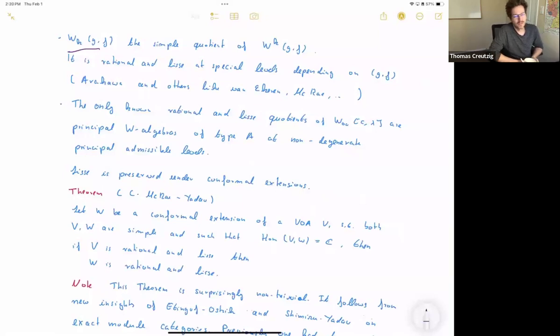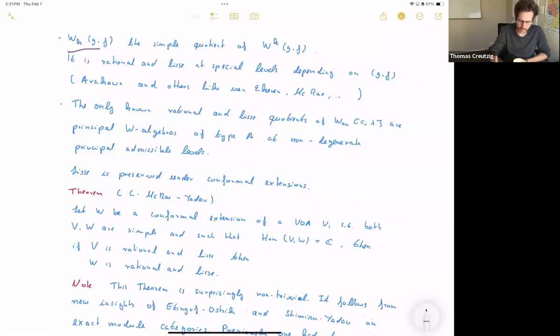If you drop simplicity, you can very easily construct a counterexample. And then you also require this haploid condition, that the multiplicity of your sub-VOA V in W is 1. Then this theorem says that rationality and Lisse-ness of V implies the same statement for W, where the C2-cofiniteness is well known and not a big deal. The rationality, the semi-simplicity here, is the big thing.